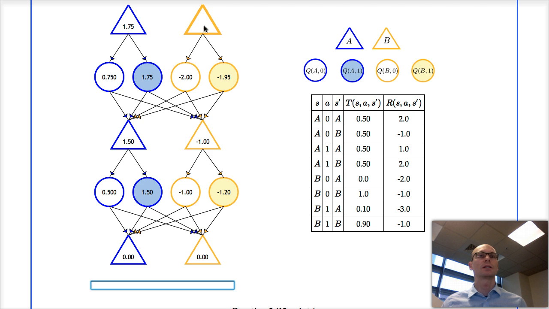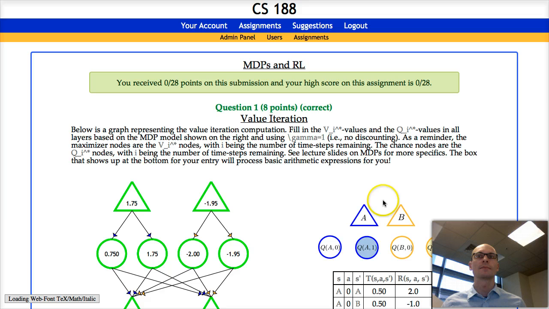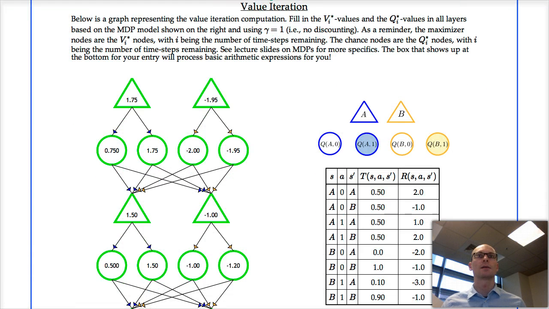We're in state B. The one with the highest expected sum of rewards is action 1, which leads us to an expected sum of rewards of minus 1.95. All right, so this is it. Let's now submit and see if we got it right. There we go. And indeed, we got this completely correct.